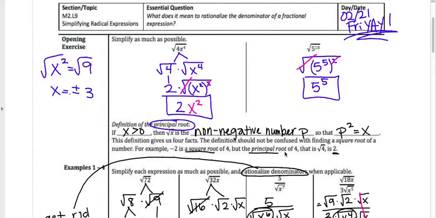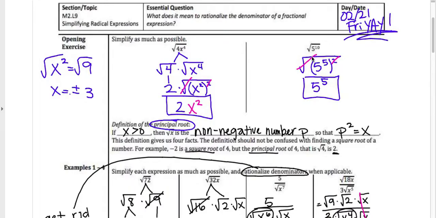But the principal root of 4 is really just 2, the positive 2. So I was telling students in class, just think of the principal root as being the positive root. And that's really all we're working with in today's lesson, is just the positive version. So you will not be doing plus or minus any numbers.